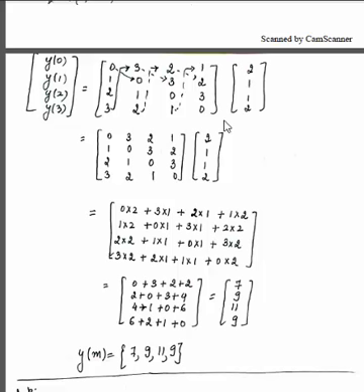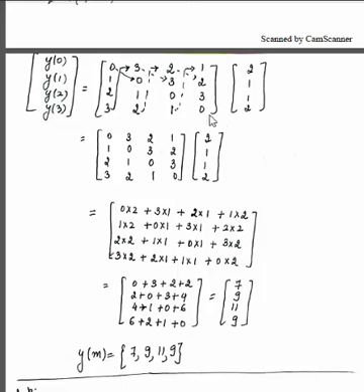So in today's lecture we covered circular convolution using the matrix method and solved one example. In this we have to write the output in matrix form, the x of n sequence in matrix form and h of n in matrix form. h of n is already given, but we have to develop x of n using matrix form.